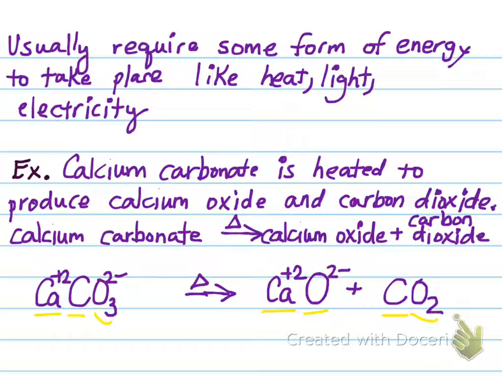So again, so far we've talked about 2 types of reactions. To identify a reaction as a combination or synthesis reaction, I'm going to look for 2 reactants and only 1 product. To identify something as a decomposition reaction, I'm going to look for a single reactant and multiple products.